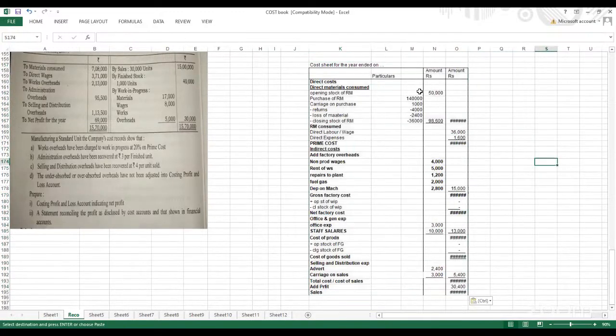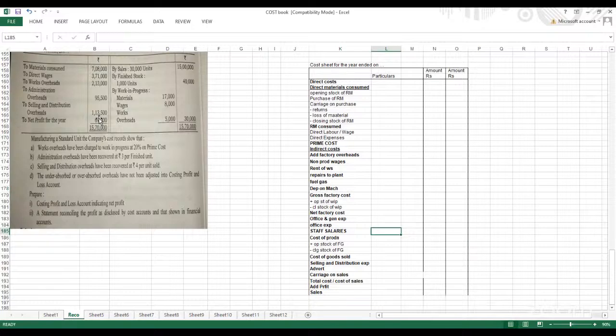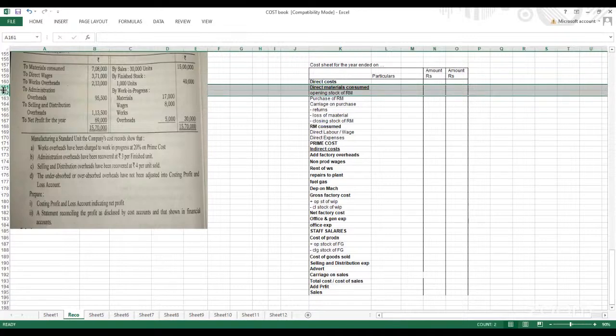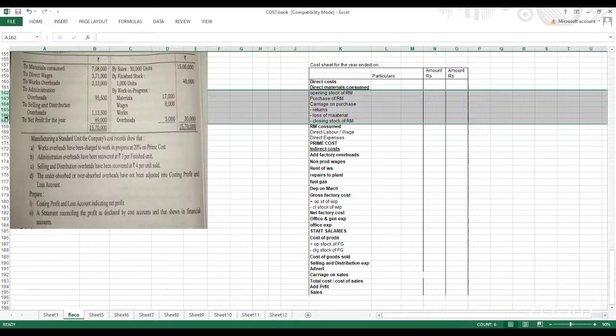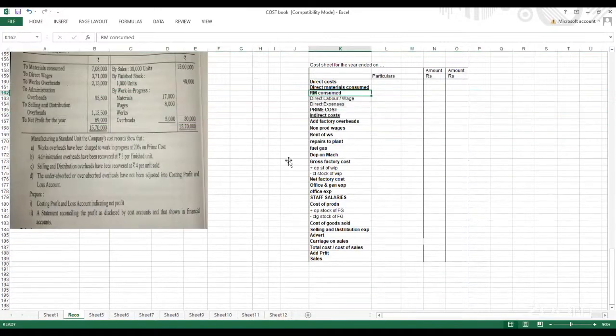I need to remove all the values. In such sums, the reconciliation cost sheet won't have that much detail. It will be very small. Mostly only the headings will remain, and the items inside will not be there. Okay, I'll just remove them. Only one item will remain under factory overhead.